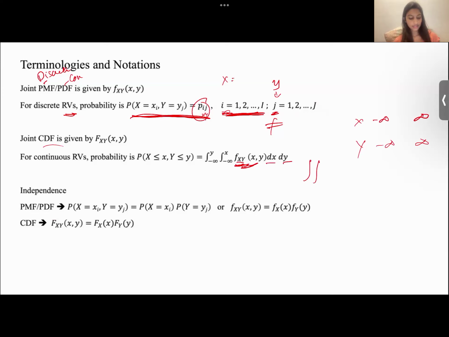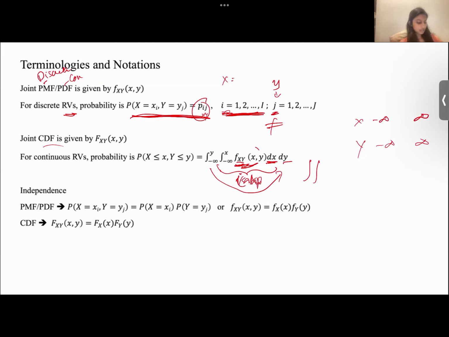This is your inner integral; you integrate it, get an expression, and then integrate again with the outer integral. The order doesn't matter. You can first integrate in terms of dx or first in terms of dy. In some cases it might matter, but in the examples we're looking at, it won't be an issue. Either way you get the same answer.